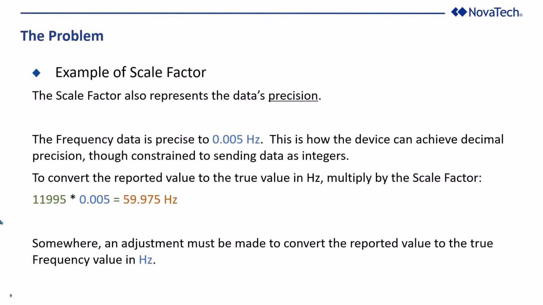So why do I say this? Of course, it's very relevant to your data, the data that you record and store and archive by your SCADA master. But since different devices send this data across in a different way, and maybe there's a different scale factor, somewhere an adjustment needs to be made so that all these different devices that are sending data, the values are all collected and are similar in format.